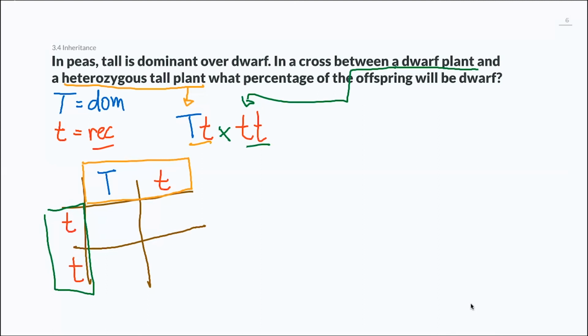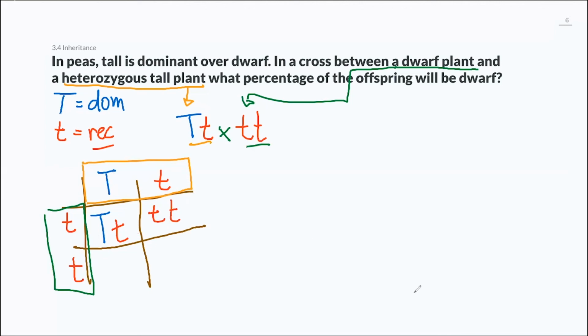So what we do, we take one allele of each parent. So I can combine either the big T here with the small t from this plant here, right? So I can have this, or I could have this small t with this small t, and then I'll have this combination. And you do the same here.